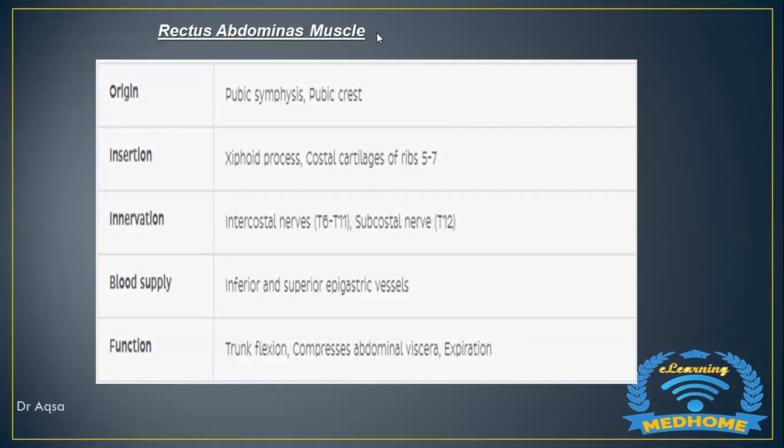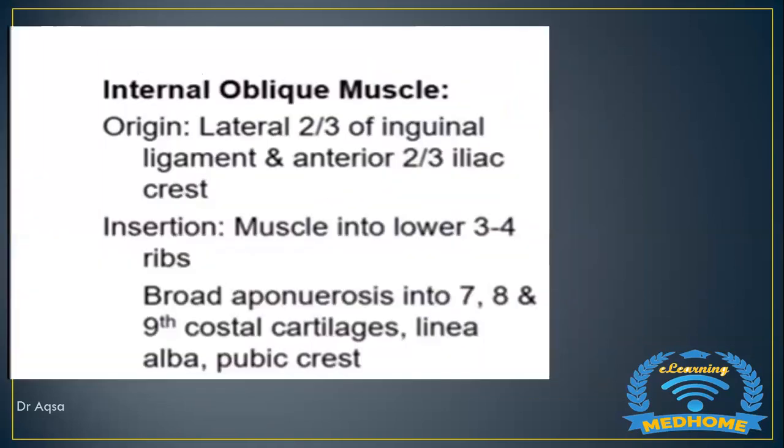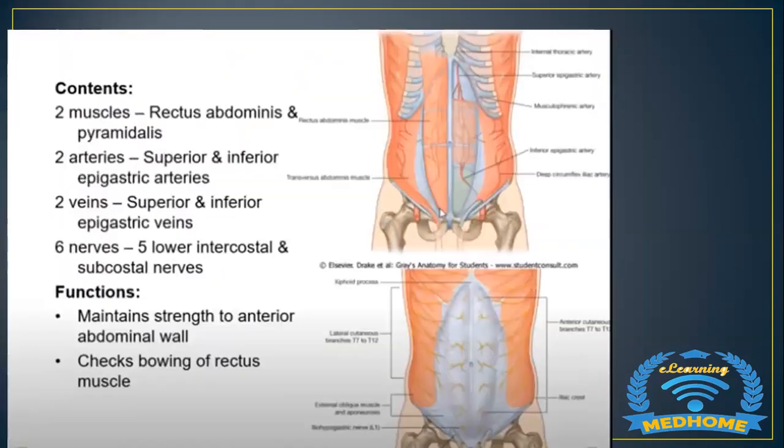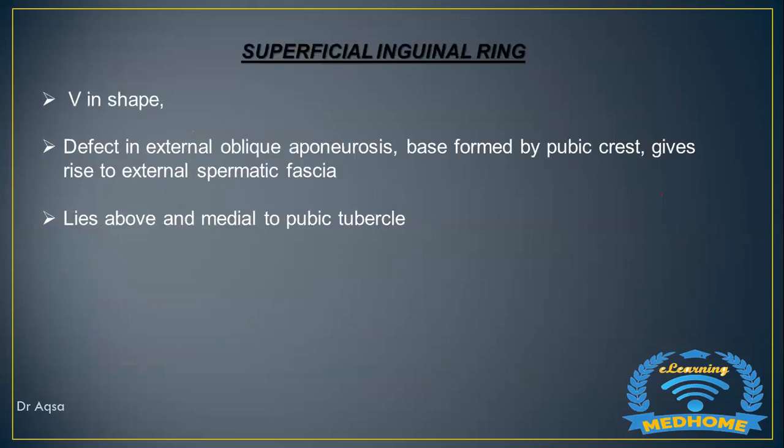Yes, ma'am. Look at what it says: the cartilages of ribs 5, 6, and 7. Up to 7. So how many does it become? 5, 6, 7, 3. Yes, exactly, you're very right. It becomes 3 tendinous insertions for rectus abdominis muscle.